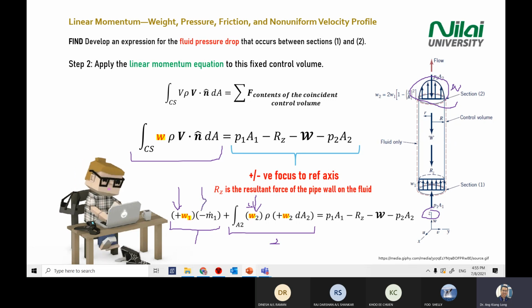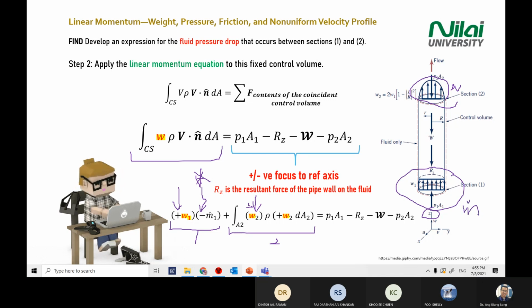Then also, this is an area where students make mistakes. The first section, you need to be careful. Your m dot is referring to input. When you look at the linear momentum equation, input is always negative and output is always positive for m dot.